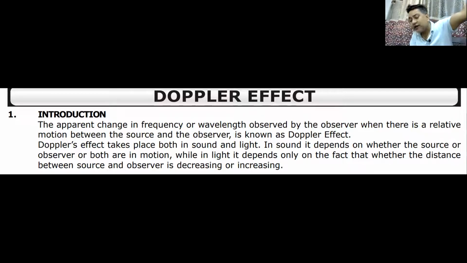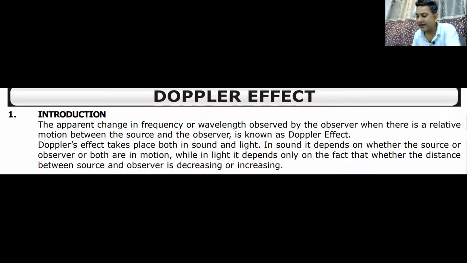When the vehicle is far off, the frequency which you hear of the sound is different. When the vehicle comes closer, the frequency becomes different. When the vehicle leaves you and goes away, the frequency also changes.